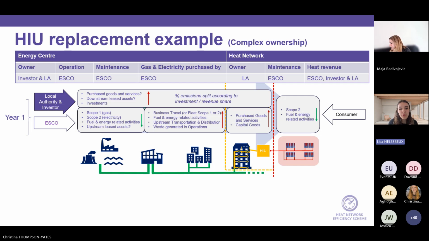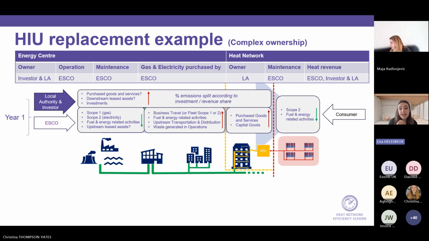But there is an important nuance here to identify which categories they need to report on. The question is, what is the nature of their relationship with the ESCO? If the local authority and investor are contracting the ESCO as a service provider, then the emissions will fall into category 1, purchased goods and services.